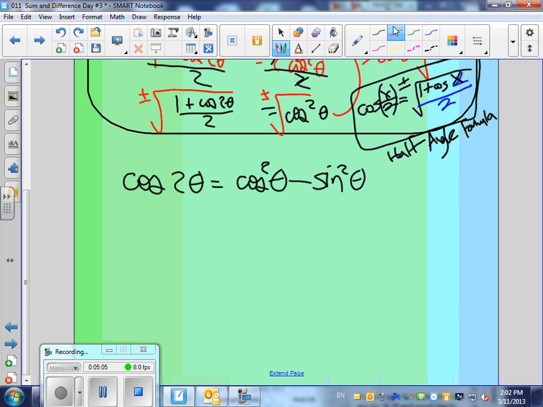What do you think I'm going to do this time? You're right. I'm going to replace sine squared with 1 minus cosine squared. No, that's what I did last time. Excuse me. I'm going to replace cosine squared with 1 minus sine squared. There we go.